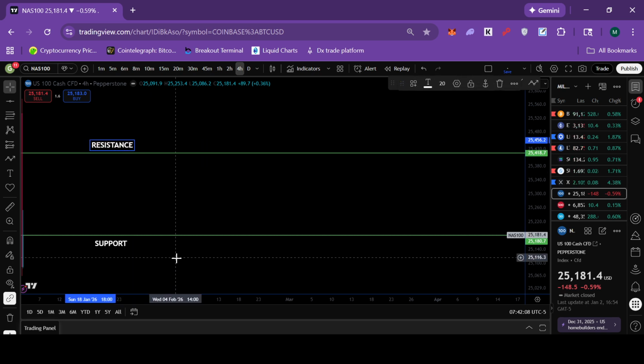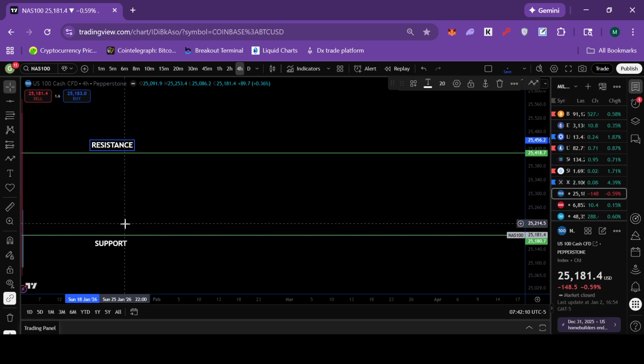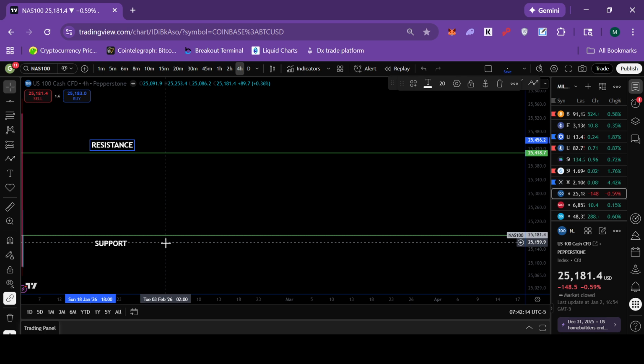So if you were to throw a ball at your floor, it would typically bounce back up. And if you were to throw a ball at your ceiling, it would potentially come back down, right? And so that's how the market moves off of support and resistance.